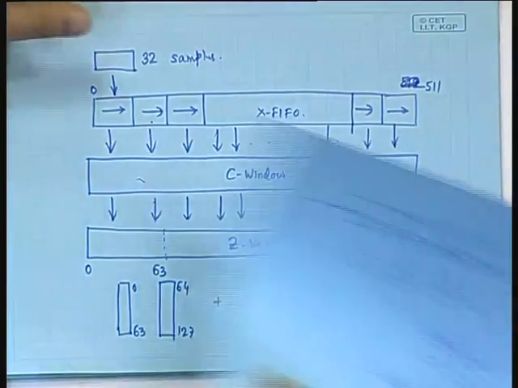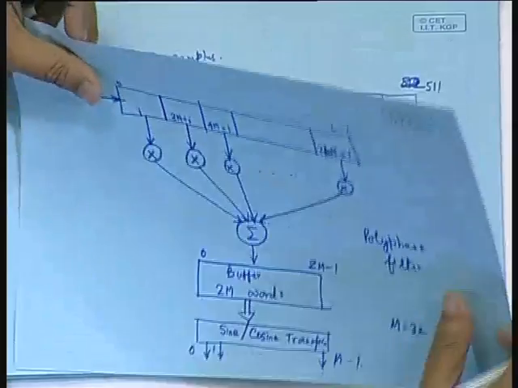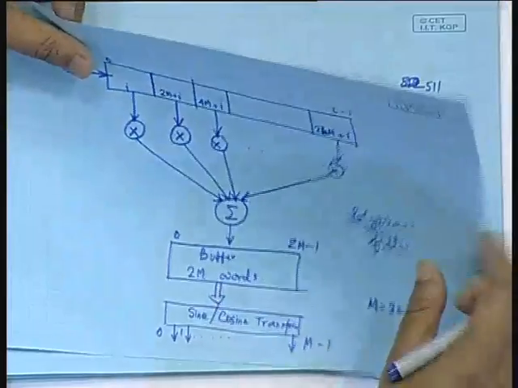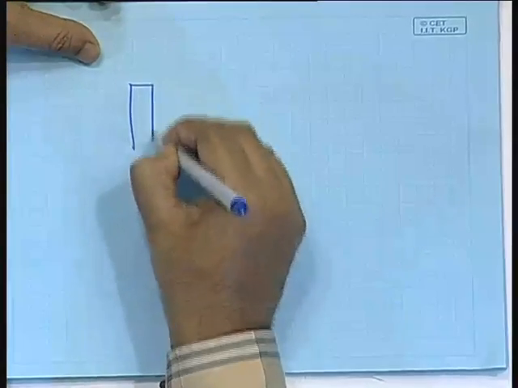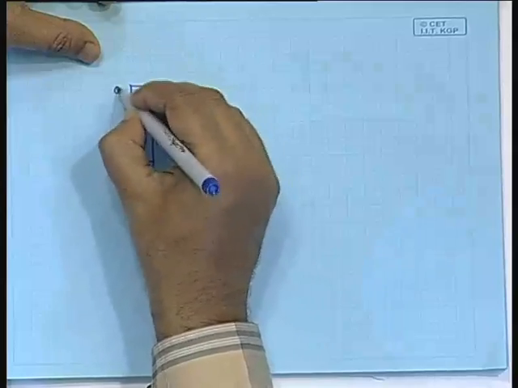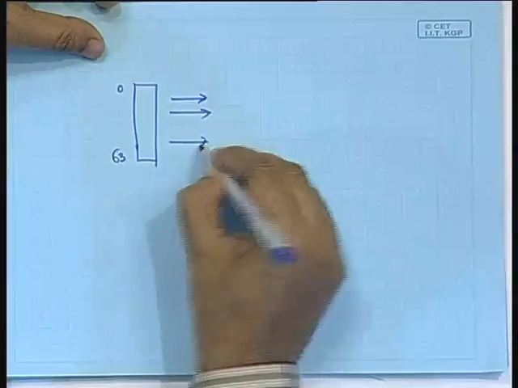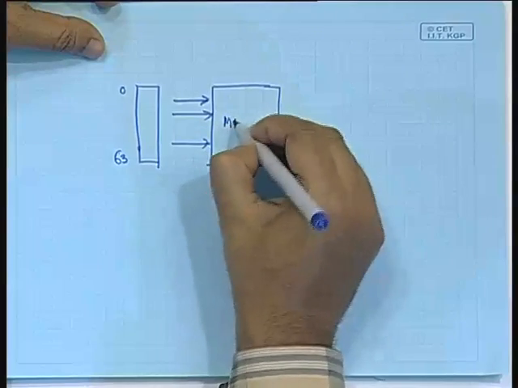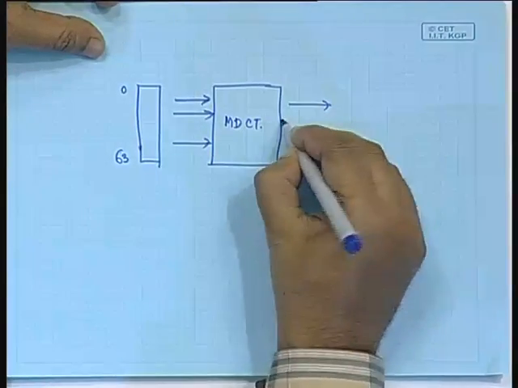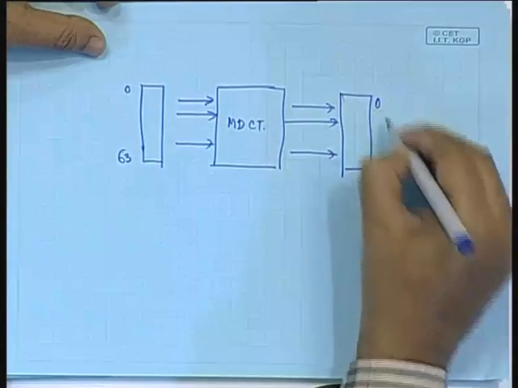So, basically it is a realization of this and this together. Now, this buffer of 2M words that we have is nothing but this y vector. So, this y vector of 64 samples is fed to the DCT DST block, or rather the MDCT block, and this realizes the 32 subband samples 0 to 31.